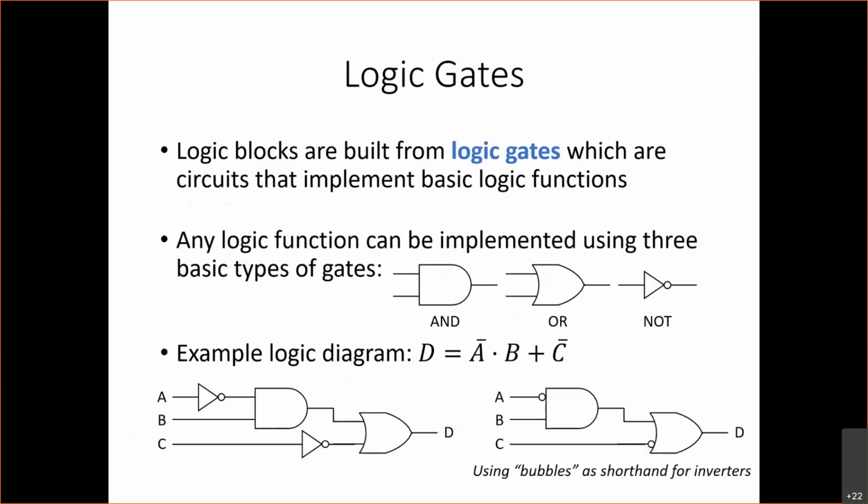So this bubble over here means not A and B, and this bubble over here means that the input coming in is not C. These bubbles just make it easier for us to draw logic diagrams without having to draw these inverters, which are tedious to draw. Okay, any questions about logic diagrams? Okay, well then let's move on.